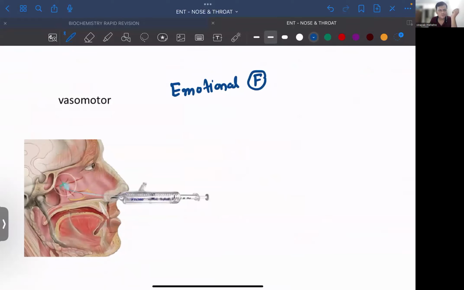Who used to cry on small topics, right? So emotional female having nasal discharge. So that is called vasomotor rhinosinusitis.